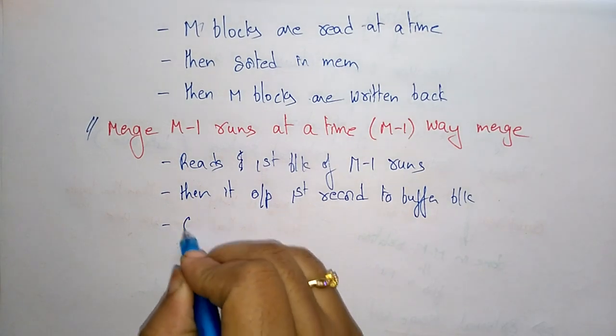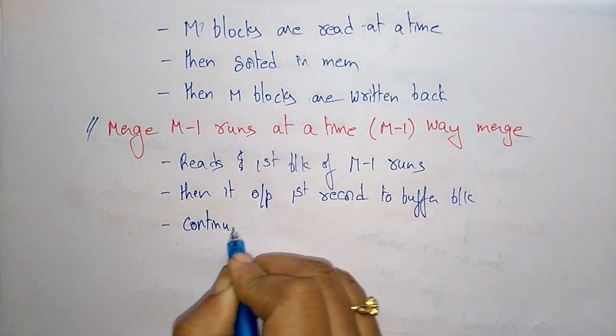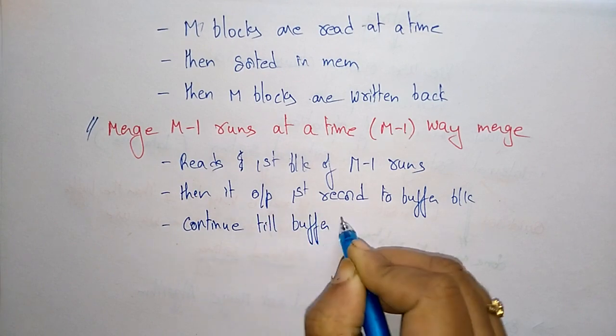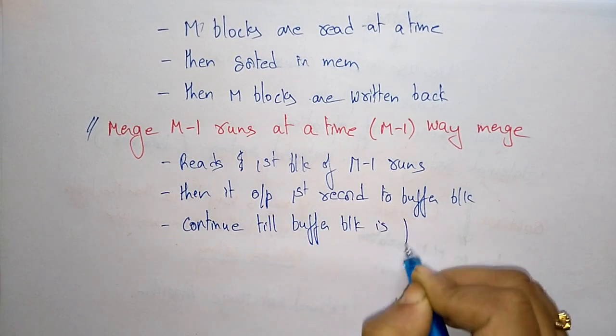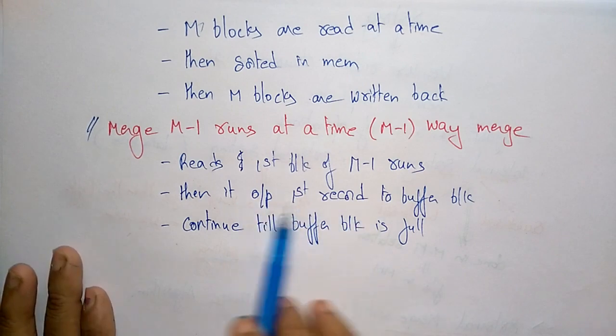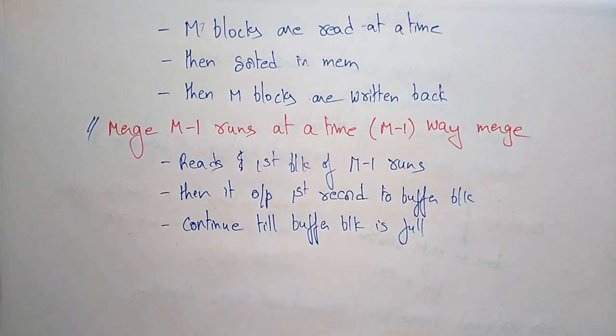Now continue till the buffer block is full. That means the buffer capacity, suppose it is 2, can store only 2 records. After the buffer is full, the sorted output records are placed on the disk.